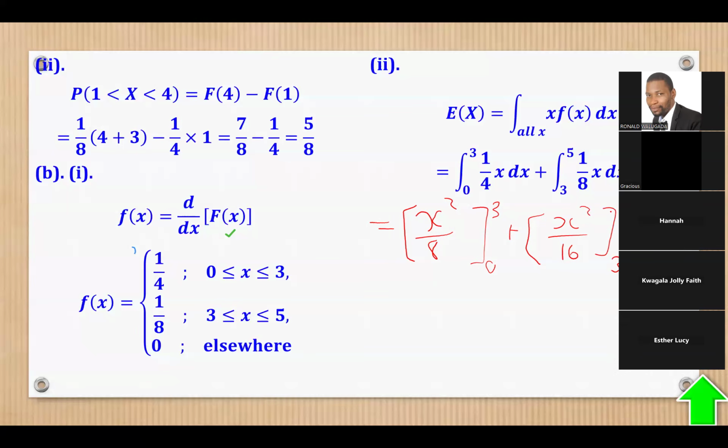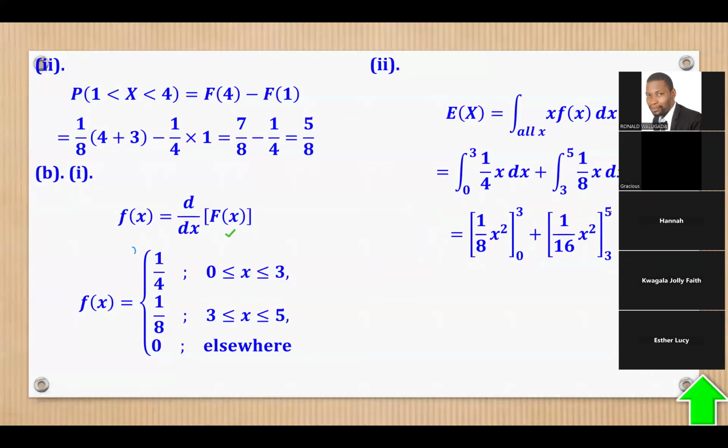Okay, that's good. So in small fx, you must be confident of integration. Small fx, integrate. Capital Fx, simply substitute. Remember that. I'll put the limits, then I can get the answer using a calculator.